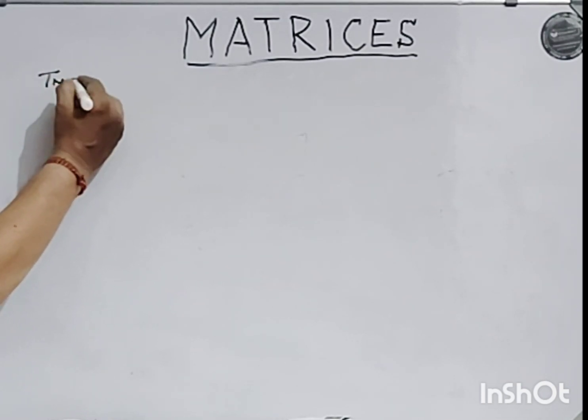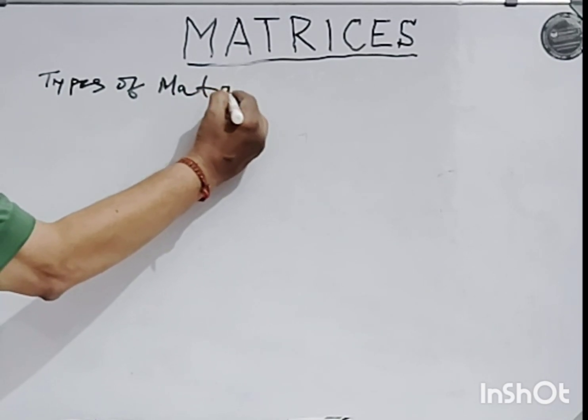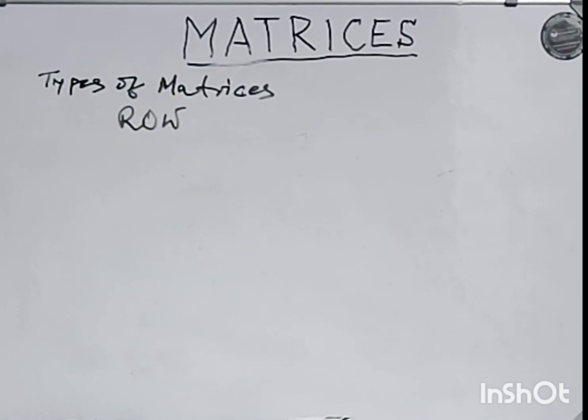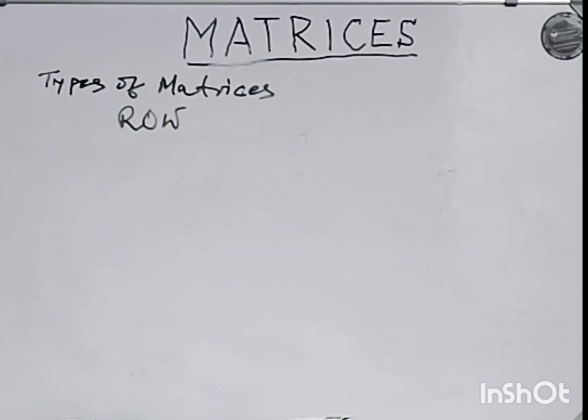These are the names of the types of matrices: row matrix, which I have shown you, column matrix I have shown you, and zero matrix is also there.